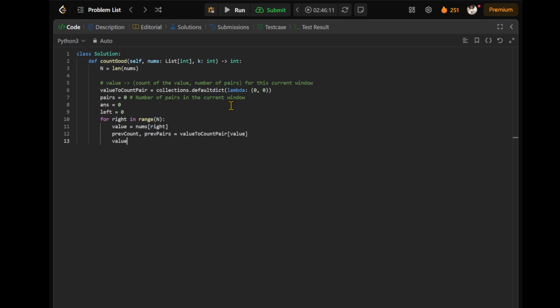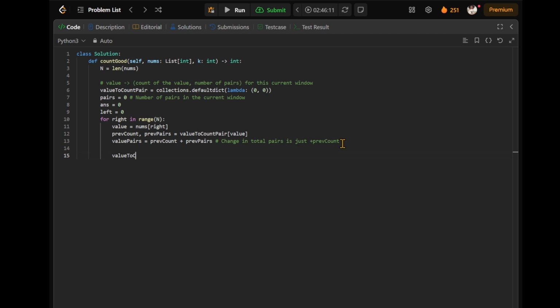And we update the number of pairs by using the formula that we had before. It's equal to the previous count plus the previous pairs, since this is derived from looking at the patterns. And note that the change in the total pairs is just plus the previous count.